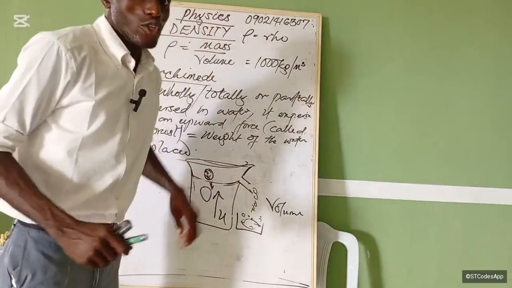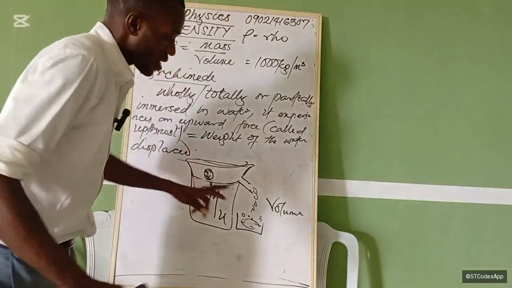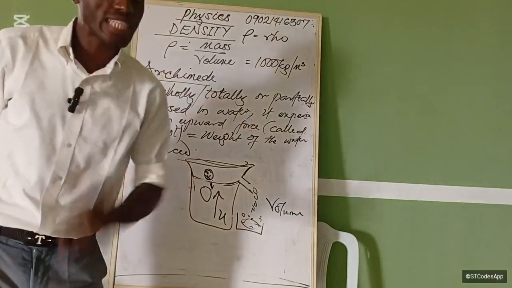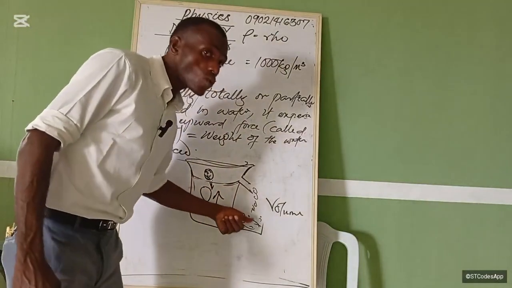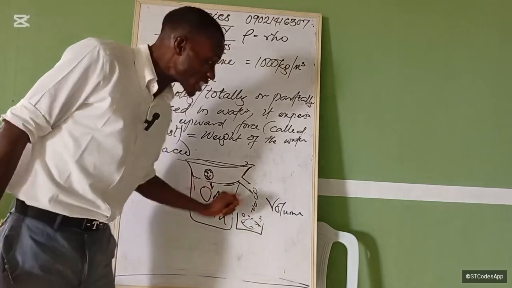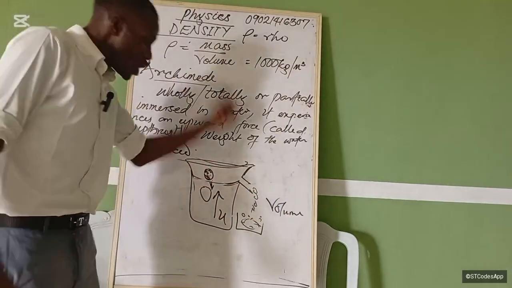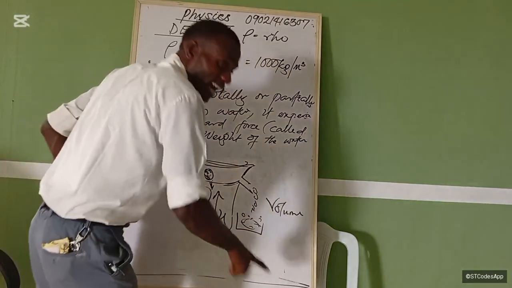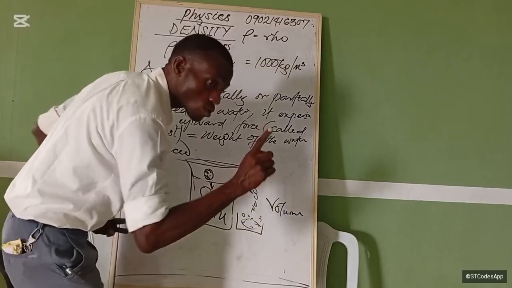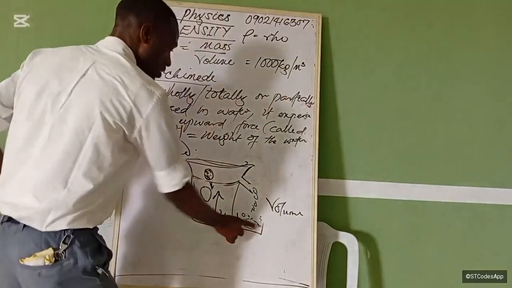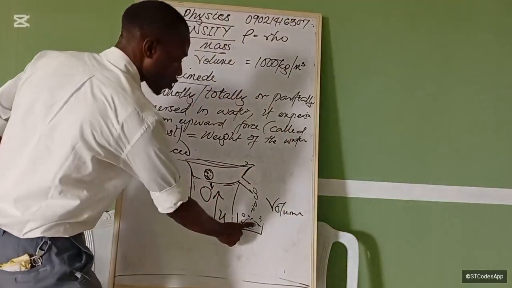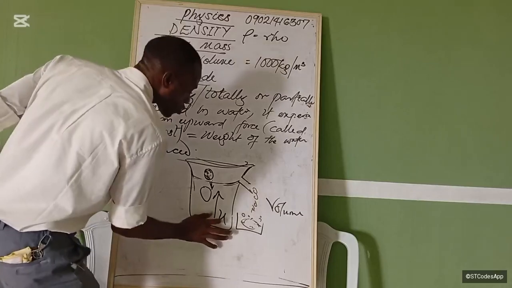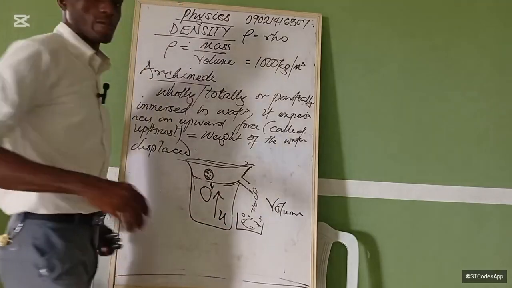Now also, you know that since this is the volume of the water, when you weigh this water, this amount of water, which is equal in volume to this guy, the weight of the water at the end of the day that spills, don't forget, it is the weight of the water that spills that you will measure, and you will find out that it is going to be equal to the upthrust that this guy experiences.